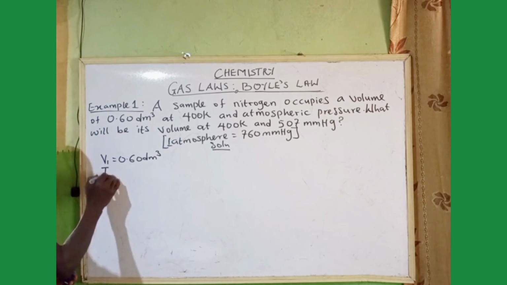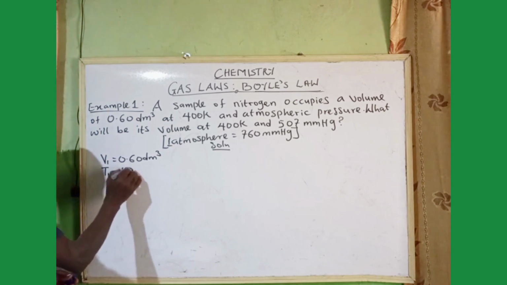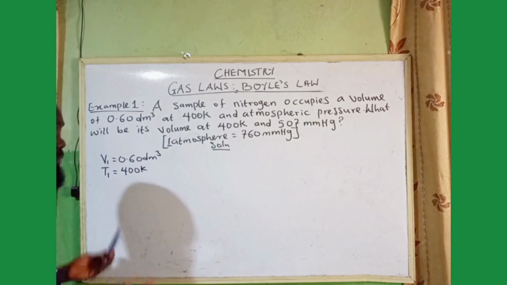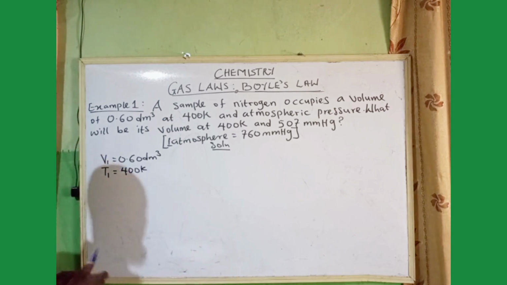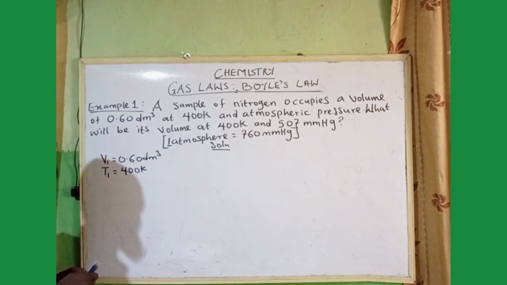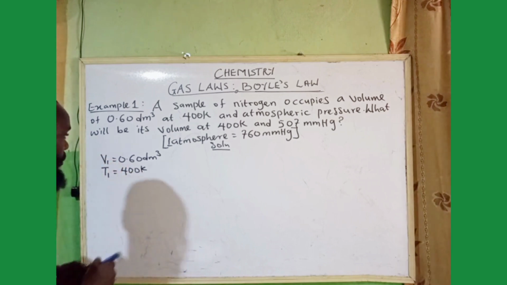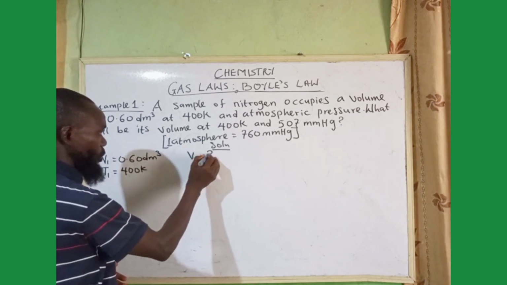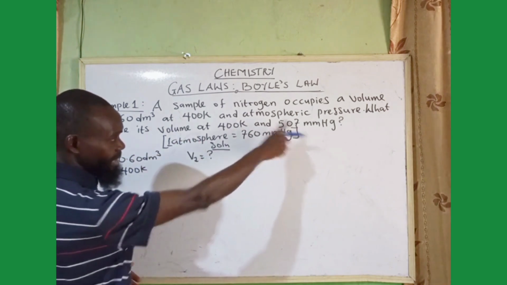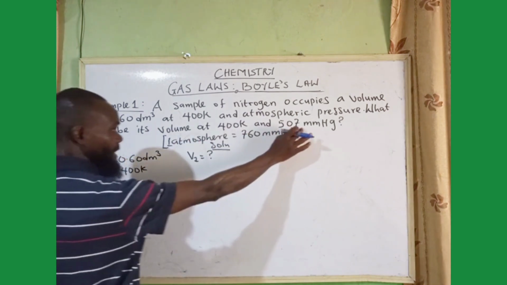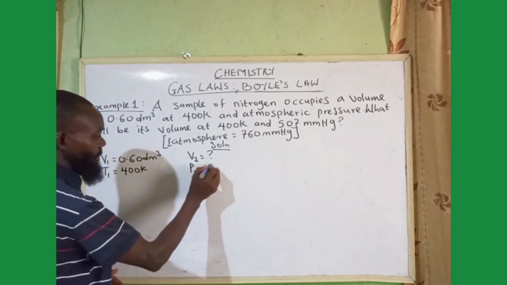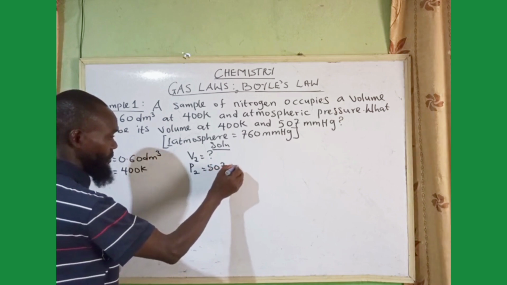Our T1 temperature is 400 Kelvin, and atmospheric pressure, we are not told the atmospheric pressure. What will be its volume at 400 Kelvin? Another volume means V2 is unknown, and 507 millimeter of mercury. So anything in millimeter of mercury, as we've learned, is pressure. P2, 507 millimeter of mercury.